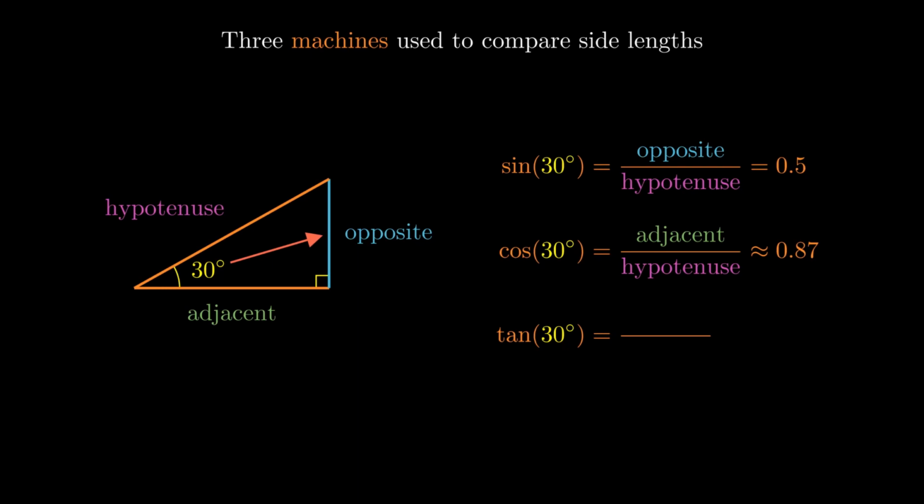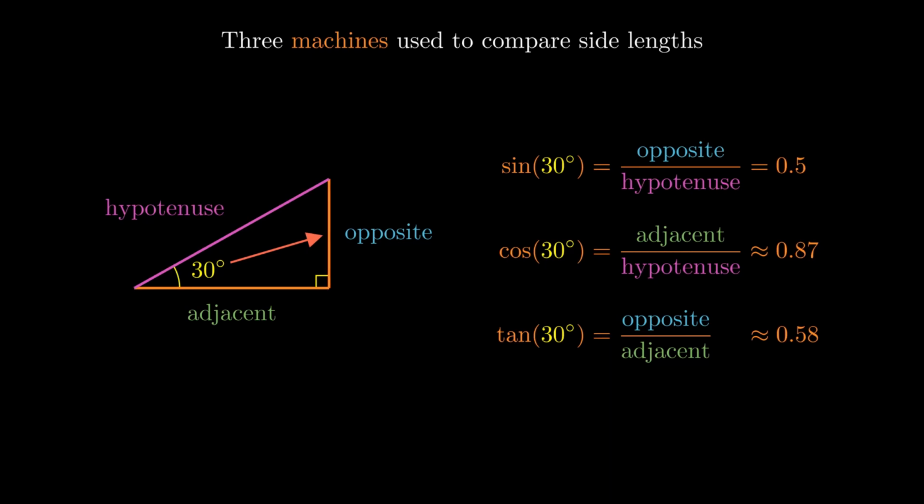And finally, the tan machine is built to compare the opposite side with the adjacent. And so they go in the fraction in that order. This happens to be about 0.58, meaning in this triangle, that opposite side is about 58% of the length of the adjacent. And so those are our three machines, sine, cos, and tan.